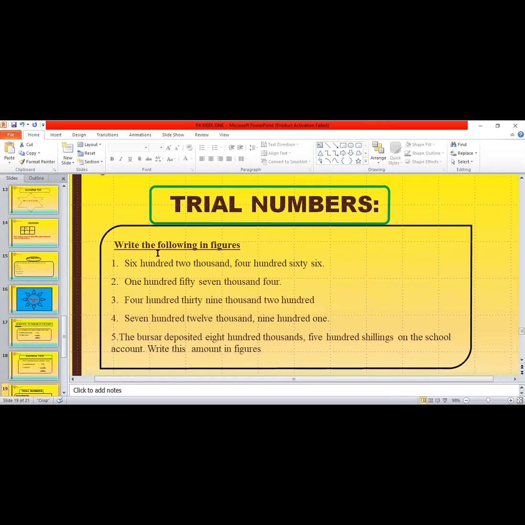I'm going to read it for you, and you write it for me in figures in the chat option. 602,466. I repeat that. 602,466. Move to chat option. Write for me the answer for number 1. We have very few minutes to go. Chat option. Move there and write for me the answer.